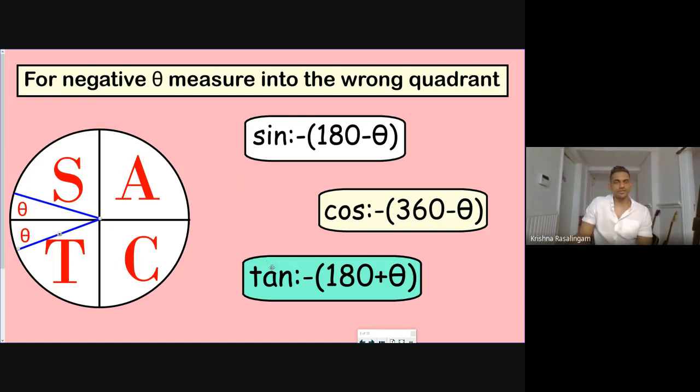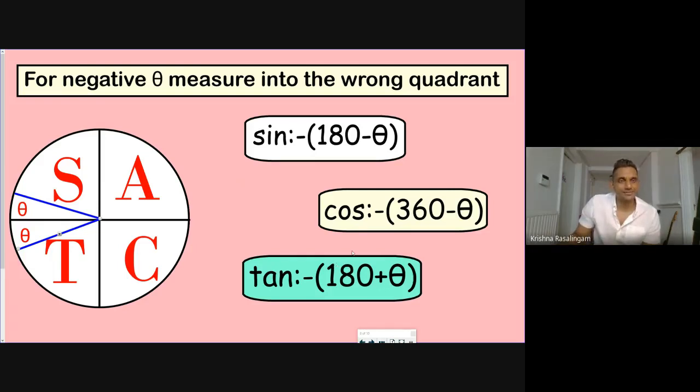That first solution will be 180 minus theta, and the second one will be 180 plus theta. And that will give you your other solutions.